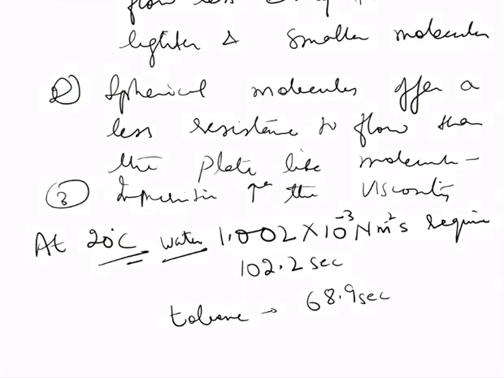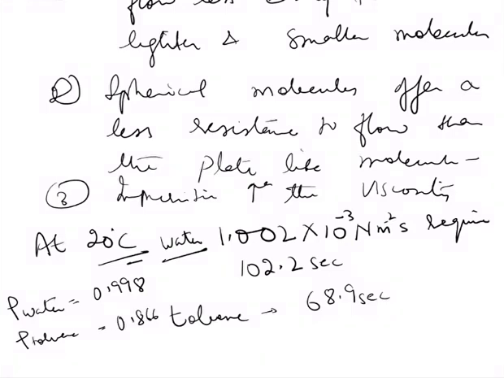If the densities of water and toluene are 0.998 and 0.866 gram per centimeter cube respectively, calculate the viscosity of toluene. क्लास में रिपीट कर रही हूँ, बुक से नहीं देखना है, खुद से करना है. जैसे पिछली बार कहा था वैसे ही करना. डेटा लिखिए क्या रिक्वायर्ड है और कैलकुलेशंस कीजिए.